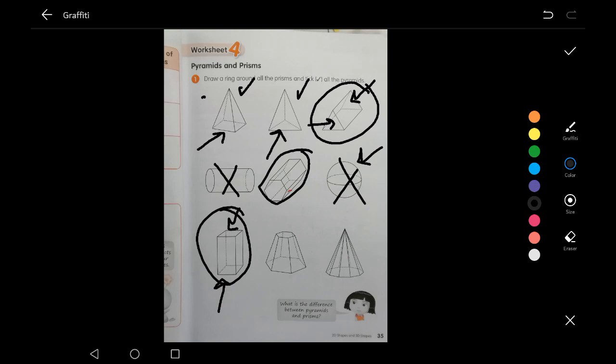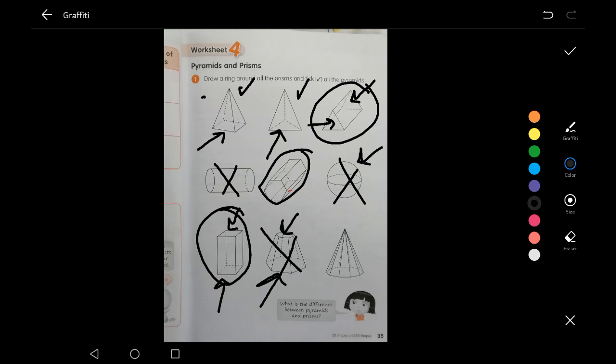Why? Because the top and the bottom bases are not exactly the same. They are the same in shape, they are both hexagons, but they are not the same in size. Good job. So is it a prism? No. Is it a pyramid? No, because it has two bases. So this shape is not a prism or a pyramid.